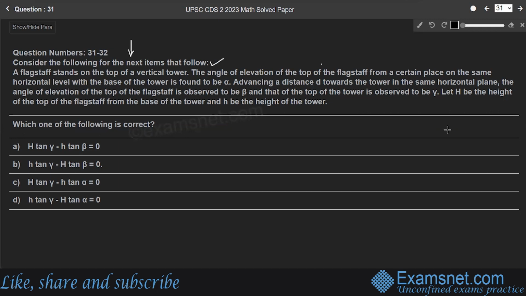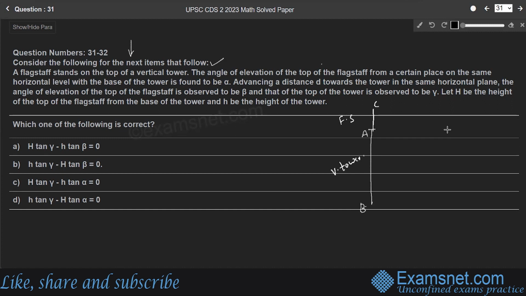So we'll consider a vertical tower AB, and a flagstaff stands on the top of the vertical tower. So let AC be the flagstaff. This is the flagstaff, this is the vertical tower.